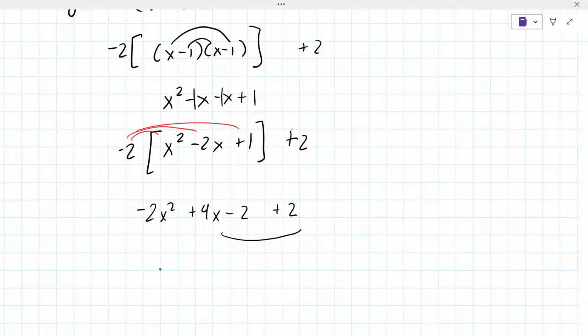So the -2 and the +2, they cancel. And you end up getting -2x squared plus 4x. Any questions on that? No. Okay.